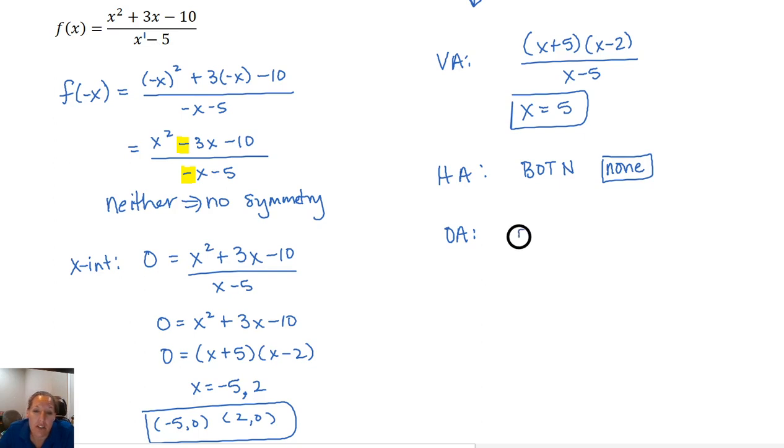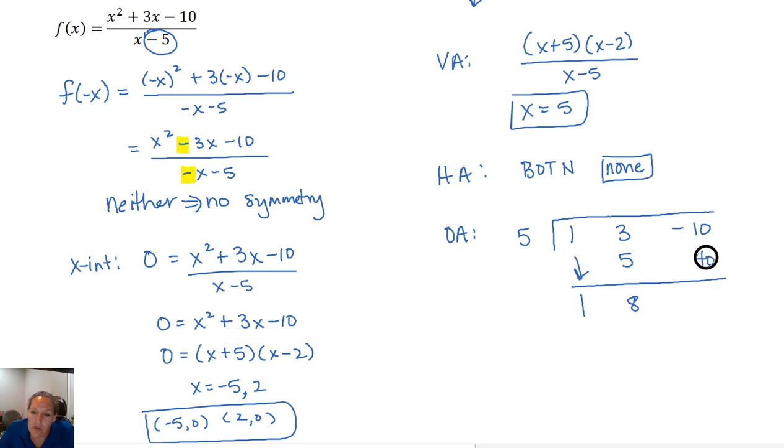So when we do our synthetic division, remember we take our divisor, the constant added or subtracted, change the sign, so we'll get a positive 5. Our dividend, we're going to look at our coefficients, 1, 3, and negative 10. We don't have anything missing. And that 1 comes straight down. 5 times 1 is 5, plus 3 is 8, times 5 is 40, minus 10 is 30.